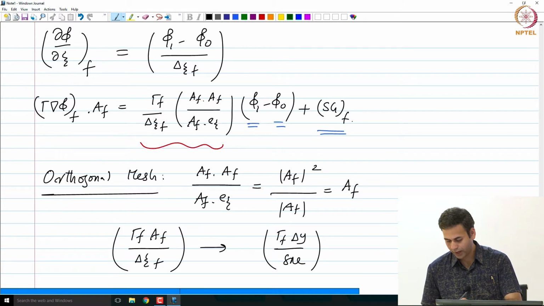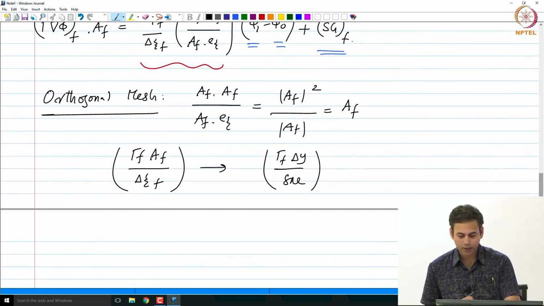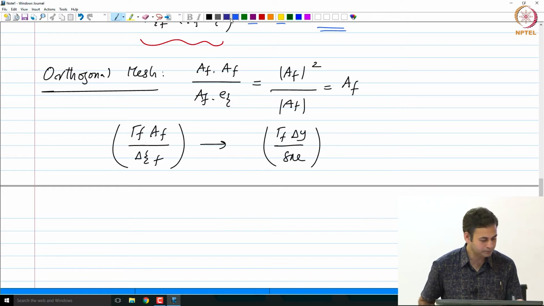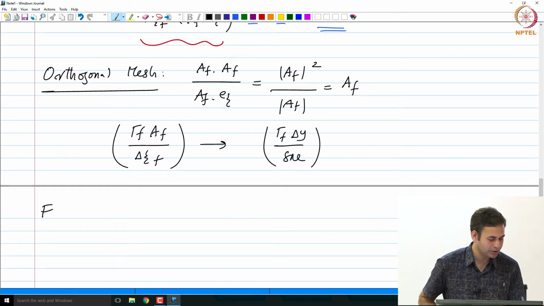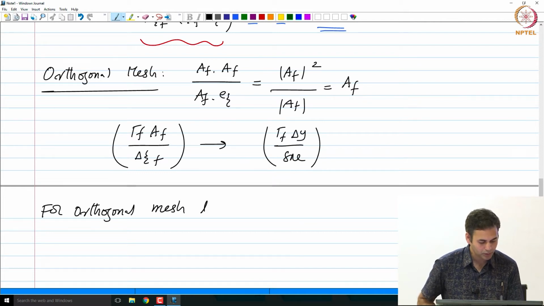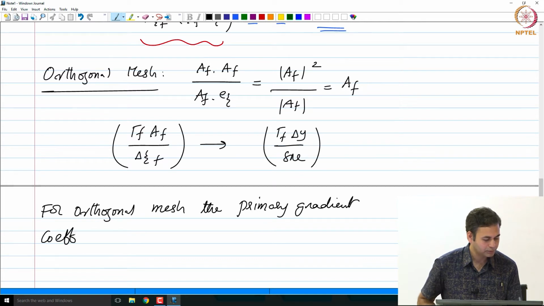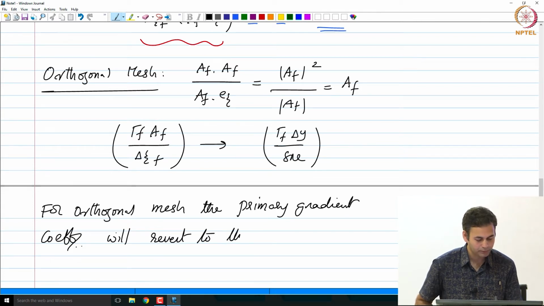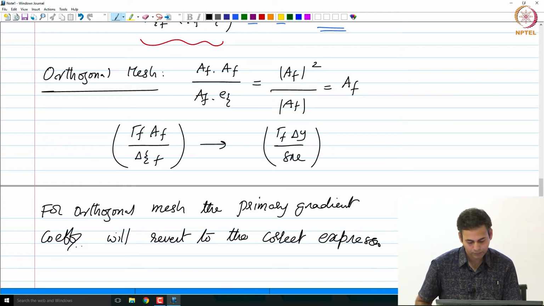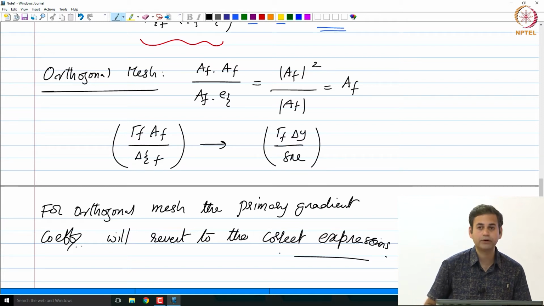Okay. So, for orthogonal meshes, the primary coefficients or the primary gradient coefficients will revert to the correct expressions.